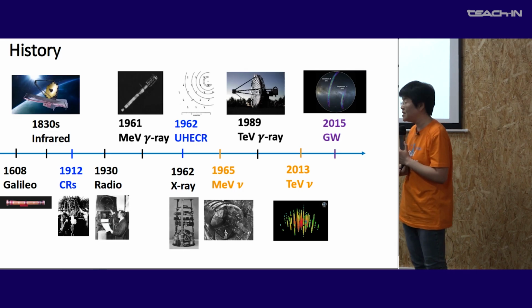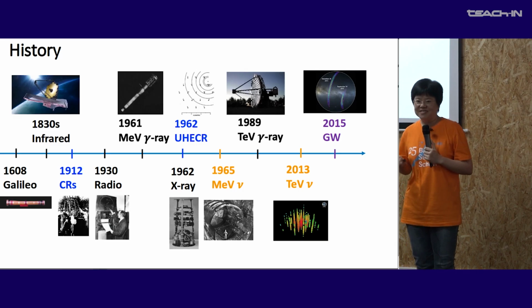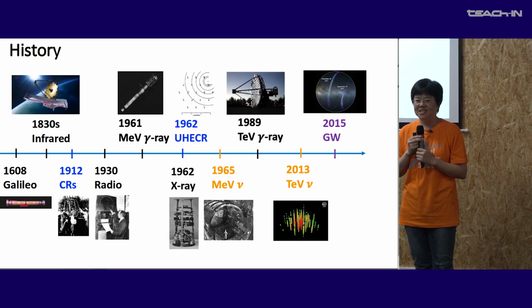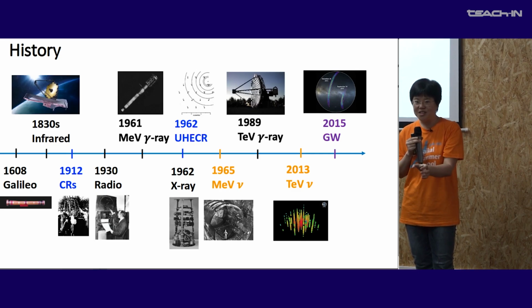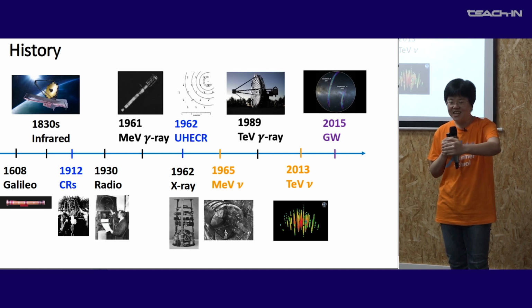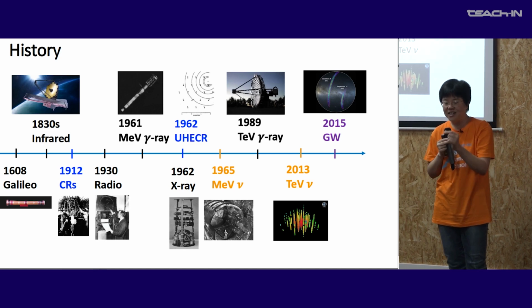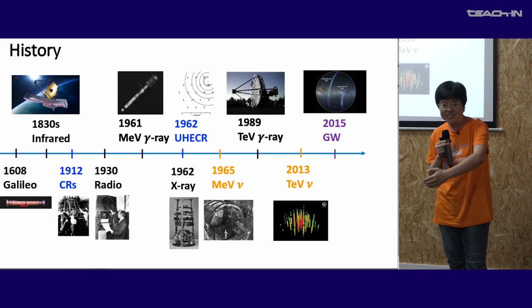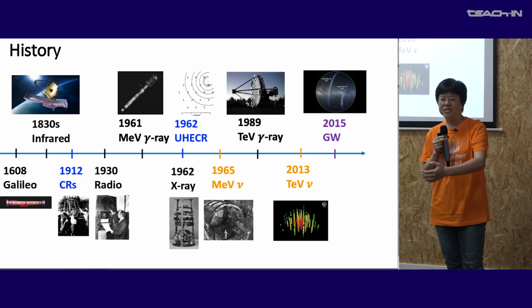And then later, in the 1830s, we have the first infrared. This field came about quite by chance. Herschel used a probe to observe the solar light, and for different colors, he measured the temperature. Then he found that beyond the range of the red light, there was something with an even higher temperature.